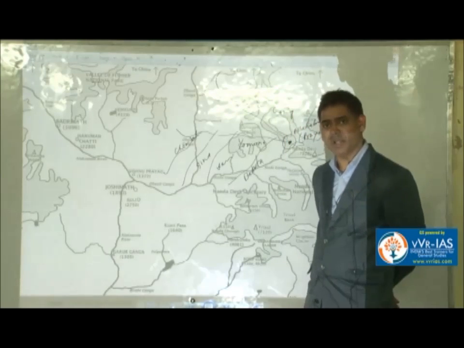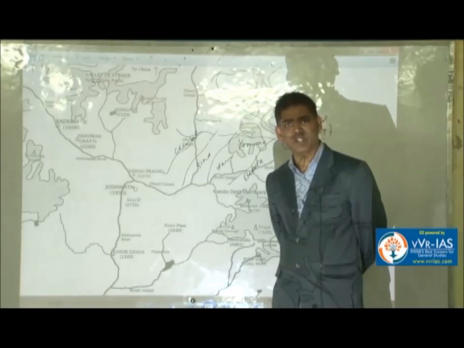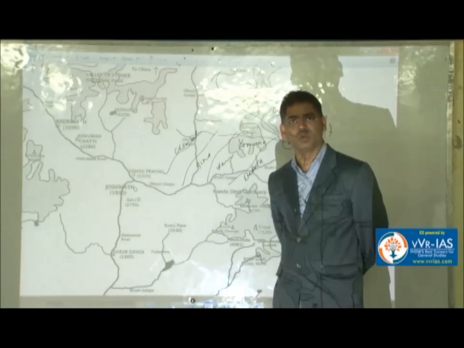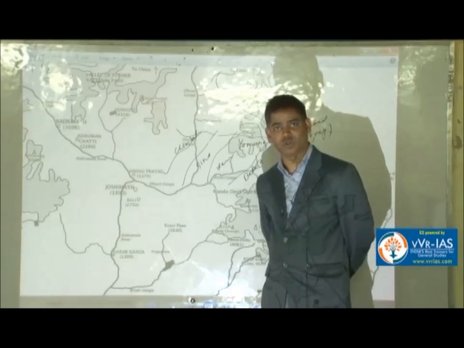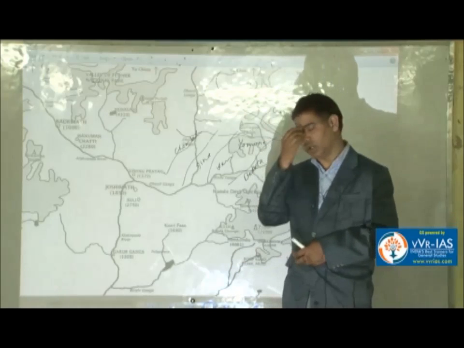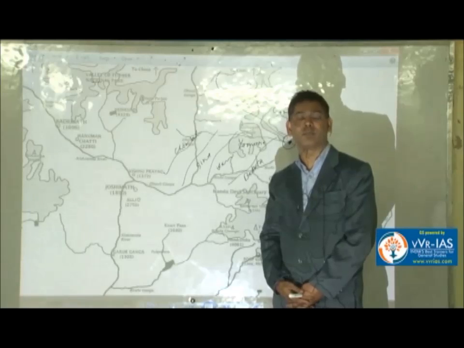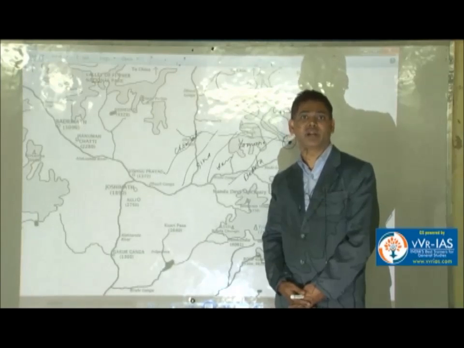After the Bagmati river, further east, you will find Kosi. Kosi is called the sorrow of Bihar. You know the flood in 2008-9, how it created disaster. After the Kosi, you move further to the eastern part, and you meet the Brahmaputra river, and this system is called the Brahmaputra and Ganga system.